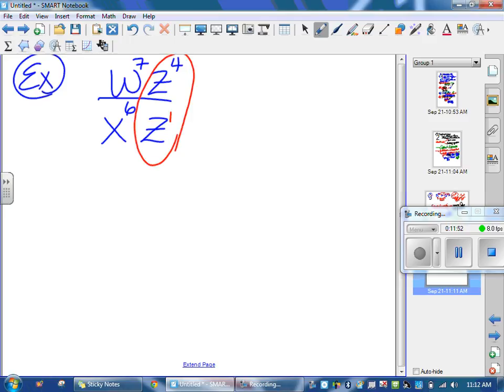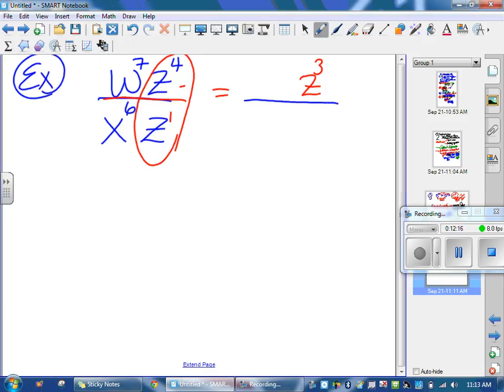This line means divide. So when I divide and the bases are identical, what do I do with the exponents? I subtract them. So this guy's going to give me Z3. Now, he always goes where the higher number is. That's how you know where to put him. So my answer's in fraction form. Did W and X go anywhere?